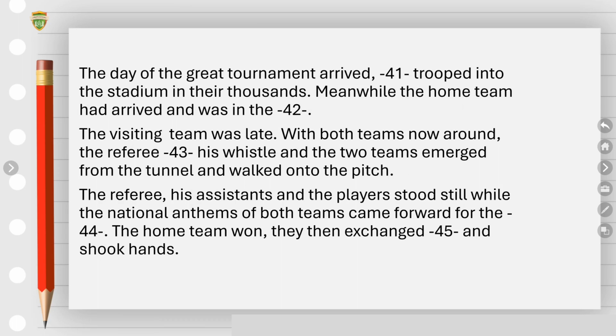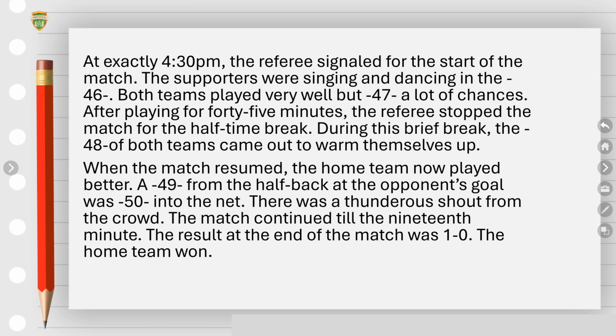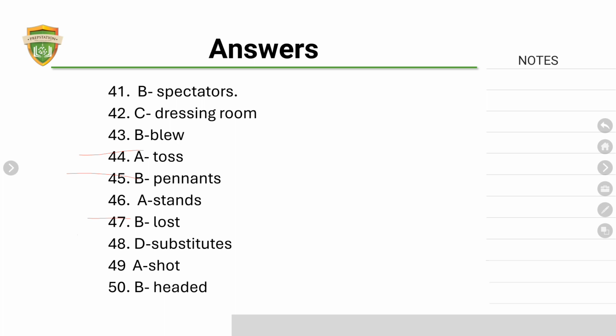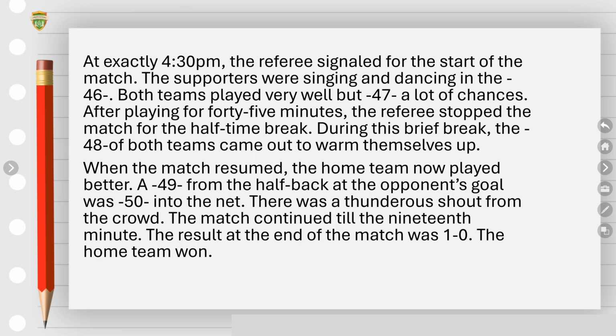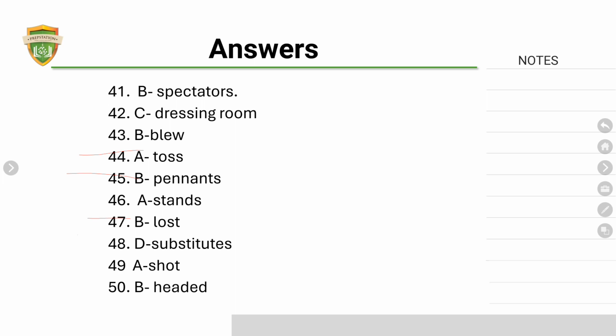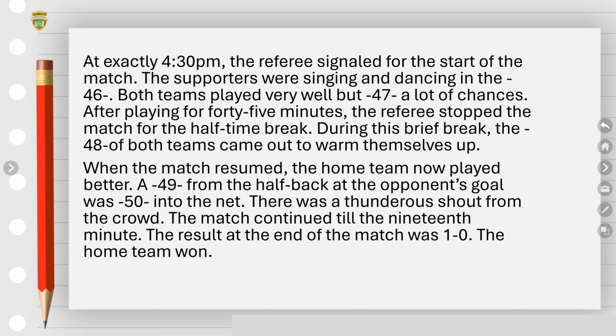And then it says, at exactly 4:30 p.m., the referee signaled for the start of the match. The supporters were singing and dancing in the stands. Both teams played very well, but lost a lot of chances. After playing for 45 minutes, the referee stopped the match for the halftime break. During the brief break, the substitutes of both teams came out to warm themselves up.